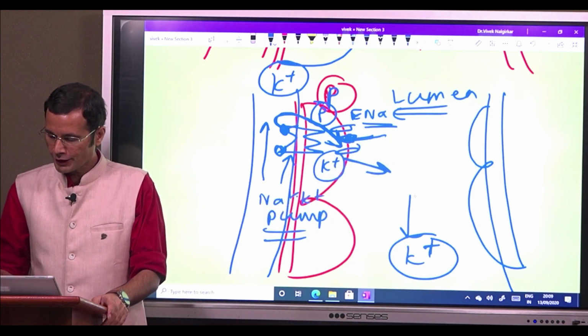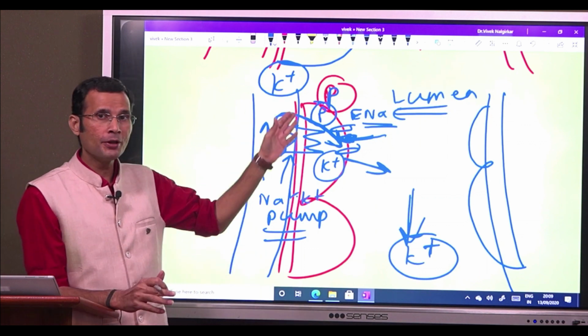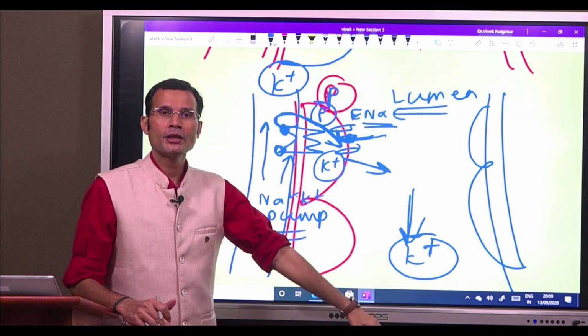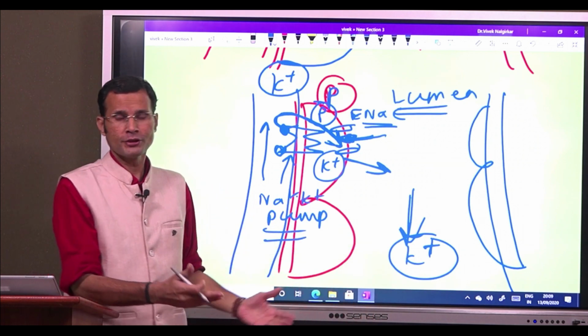So potassium got secreted in increased amount, potassium is excreted out. So remember, hyperkalemia, excess potassium in the plasma, potassium has been secreted more and excreted, lost into the urine.